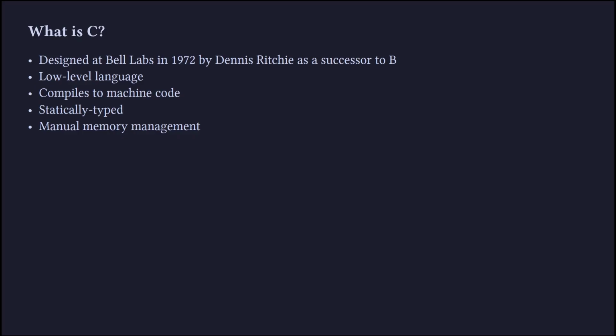C is also statically typed, meaning that the types of all variables are determined ahead of time and checked by the compiler. This is really important for, one, memory layout, and also correctness. Correctness is very important in C, as we'll come to learn about later.